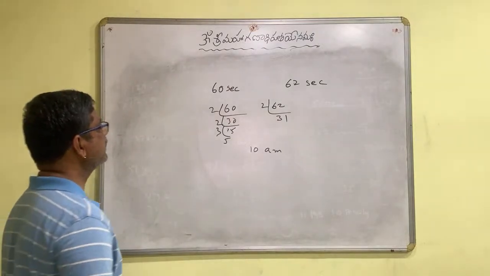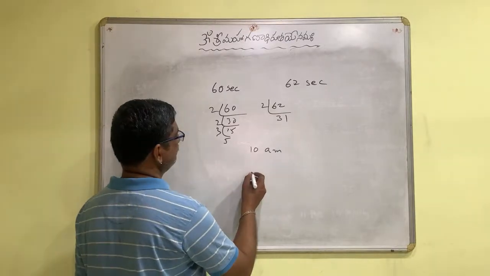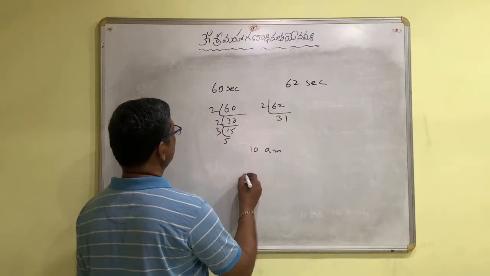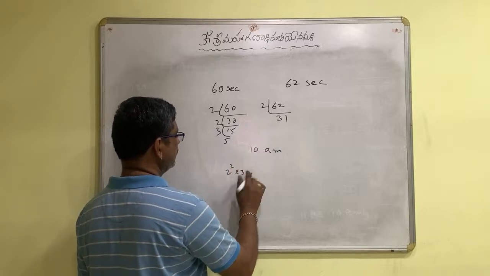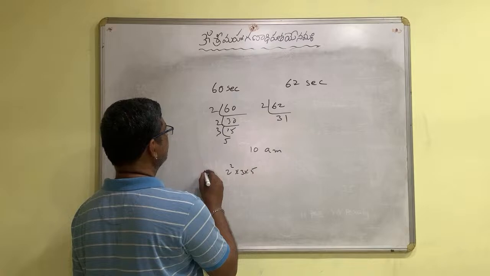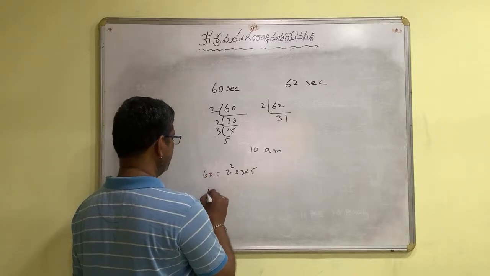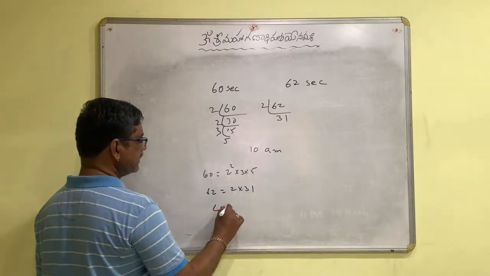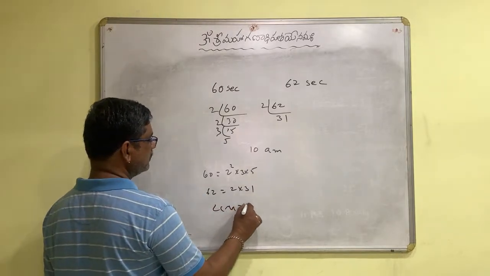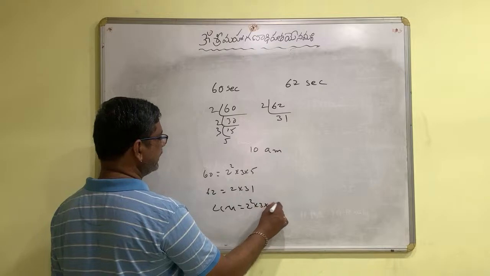So the LCM will be 2 square into 3 into 5 for 60, and for 62, 2 into 31. So LCM will be 2 square into 3 into 5 into 31.